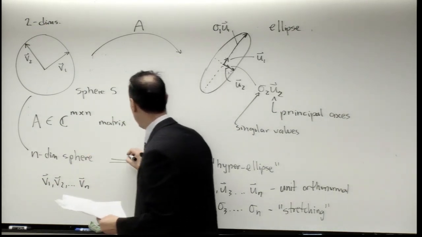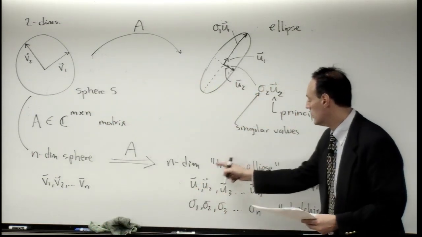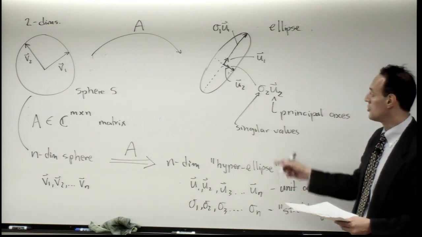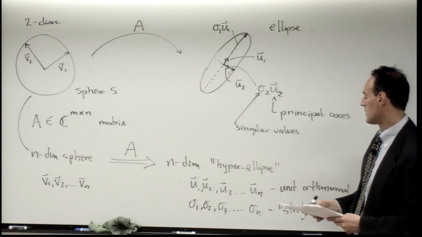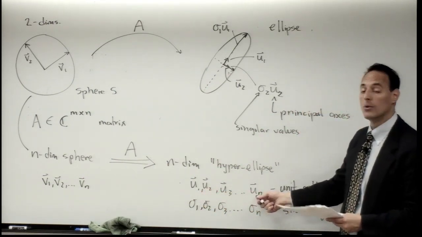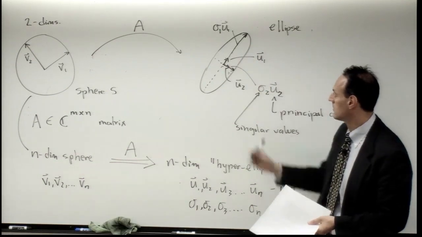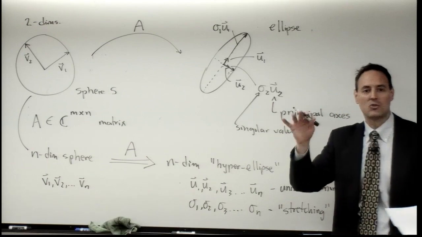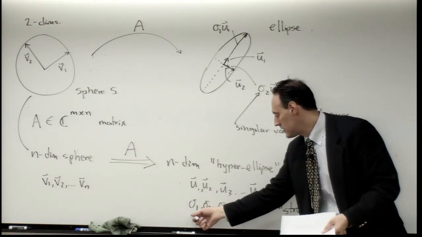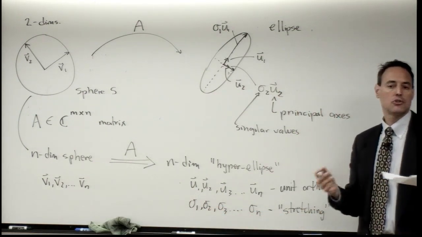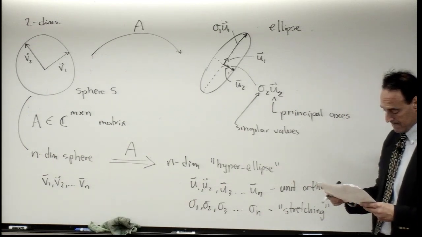Under matrix multiplication by A, you get to a new vector space, which is just, now you're living on this stretched and rotated ellipse, where now u1 through un are your basis vectors there, the unit vectors there, tell you the directions. This is now your new x, y, z coordinate system that's orthogonal to each other. And sigma 1 through sigma n tell you how they've been stretched by this specific matrix A. Okay?